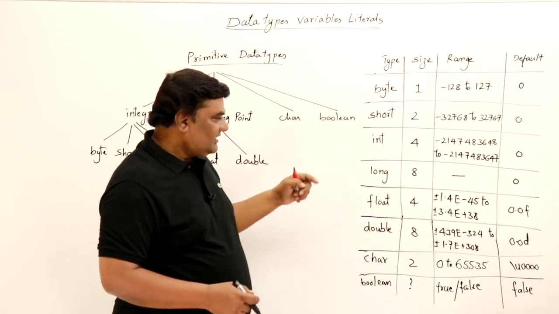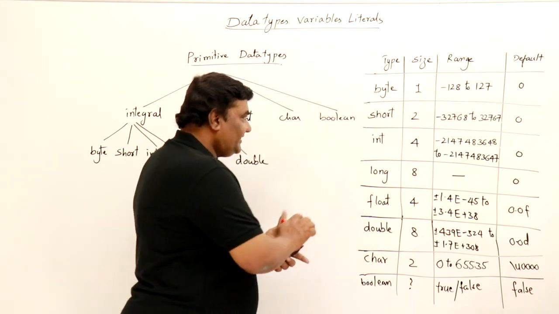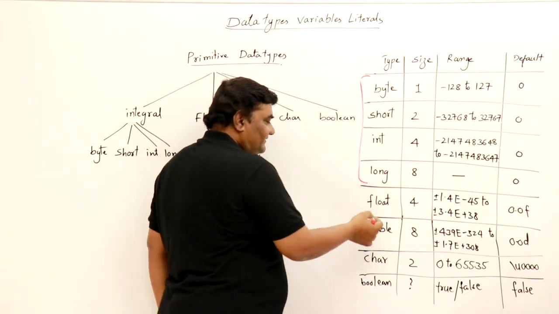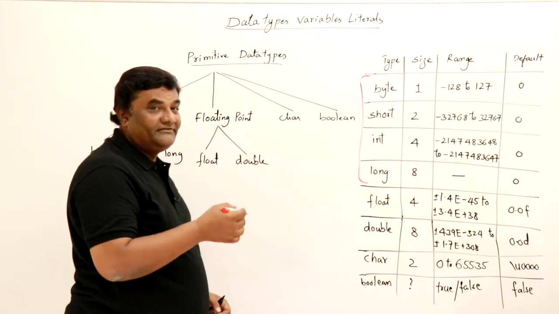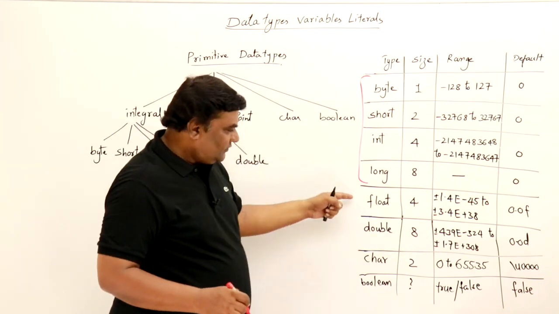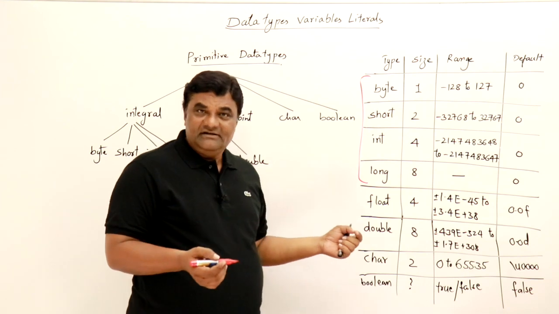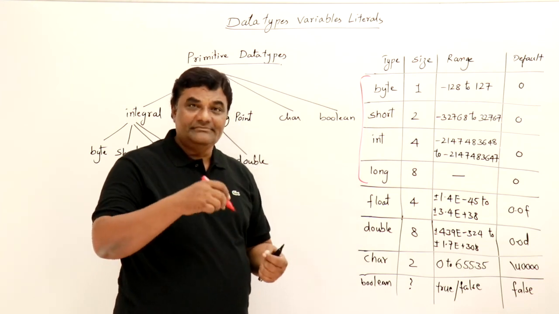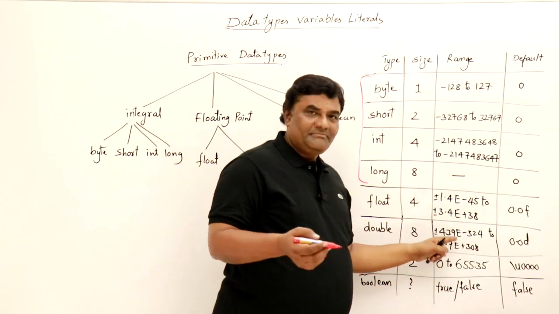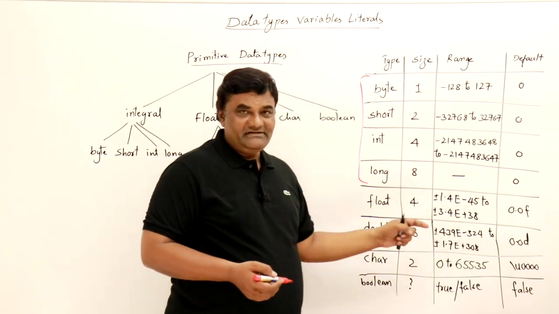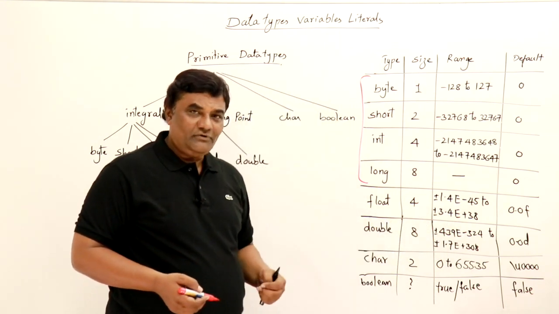Now coming to the next, floating point. These were all integral, and now floating point data types support decimal values also. Float and double are similar in that they allow decimal values, both positive and negative. These are the ranges; if you could remember them, it's better, otherwise it's not that important.